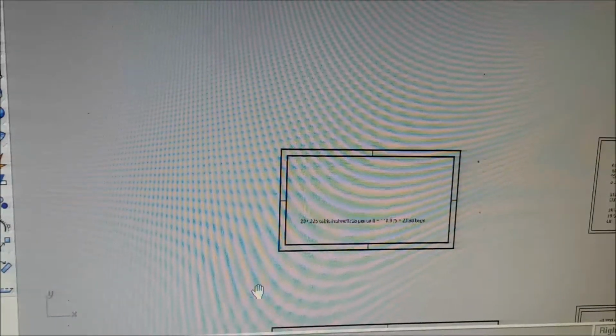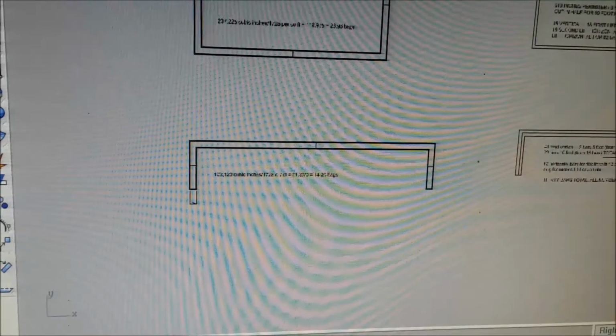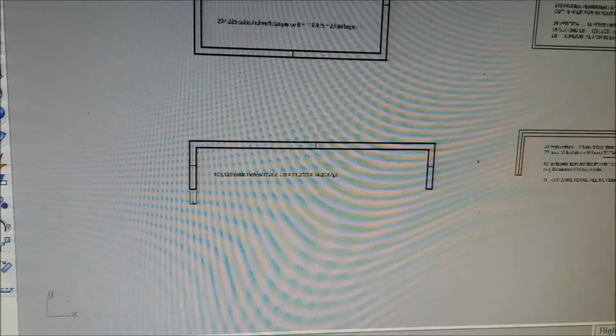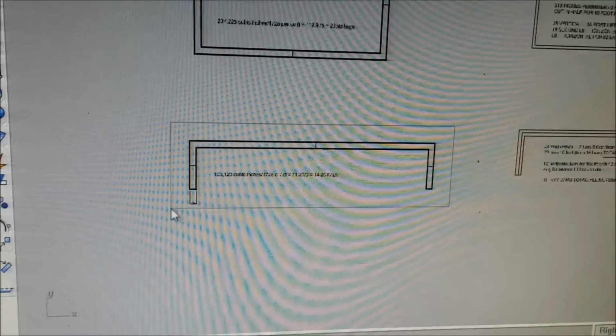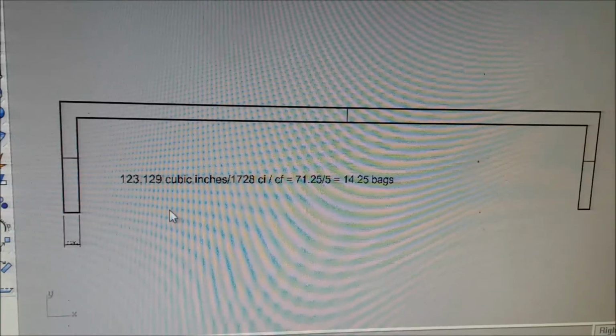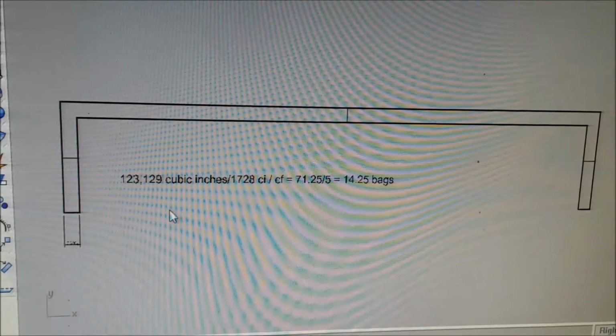Let's see, we got another one down here. I'm going to do the cement on the second one before we do anything else. This is a half of a dirty kitchen. Also the full 4-foot lift.